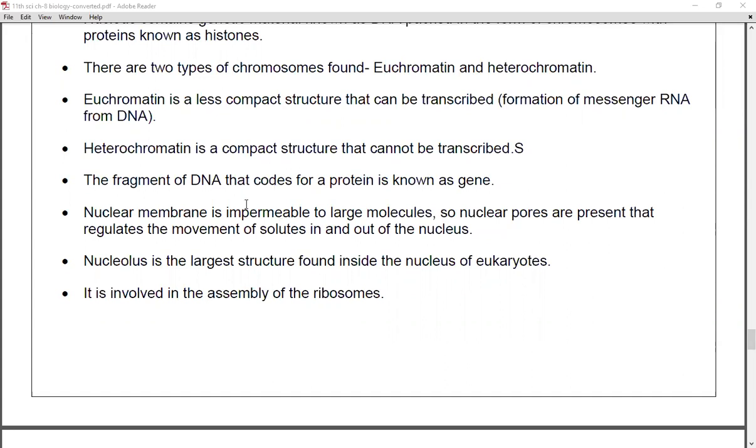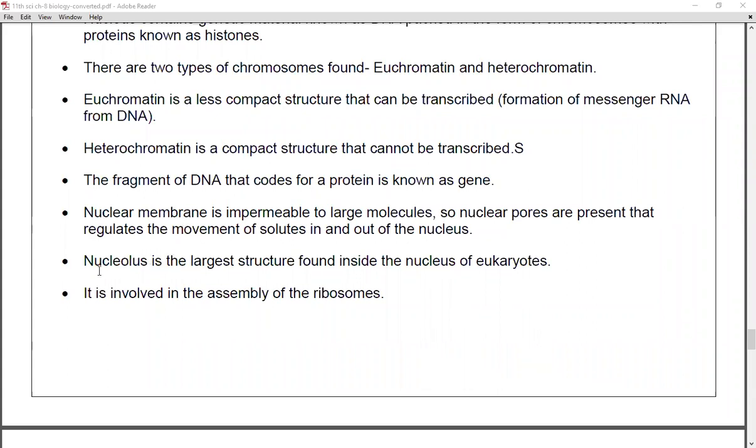Only small molecules can pass in and out of the nucleus, so it allows only specific movement of solutes. That is the function of the nuclear membrane.